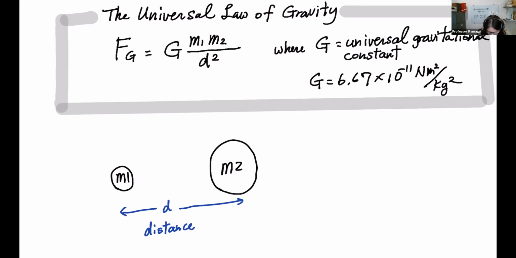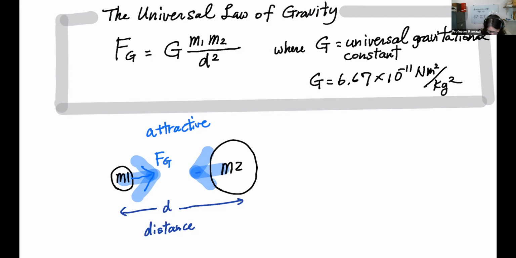There's going to be a gravitational force applied on m1 towards m2, and the same amount of gravitational force applied on m2 towards m1. And it's an attractive force, of the same magnitude.